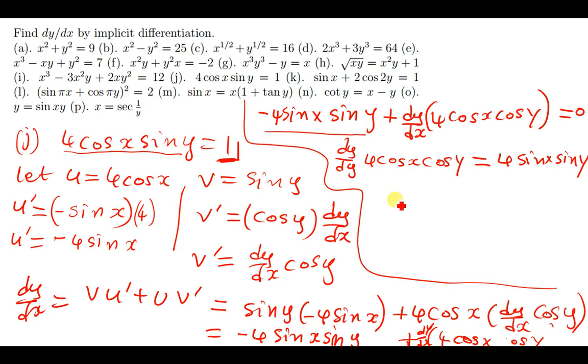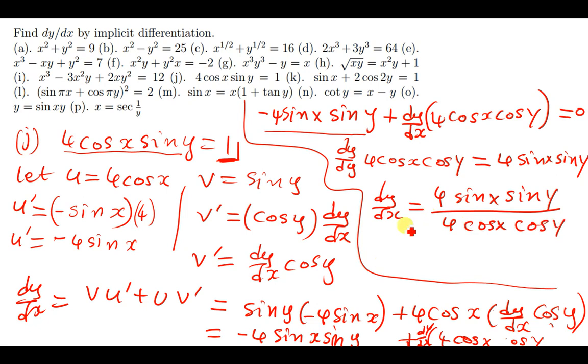Then from there we can divide everything by 4 cos x cos y, so that we just remain with dy dx this side. So dy dx will therefore be equal to 4 sine x sine y, then everything over 4 cos x cos y.